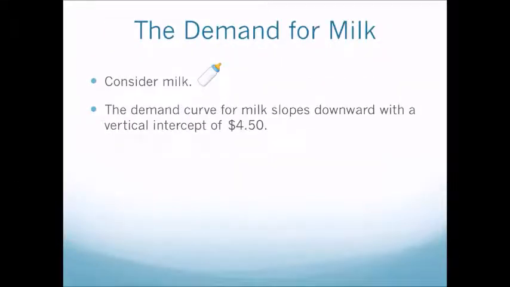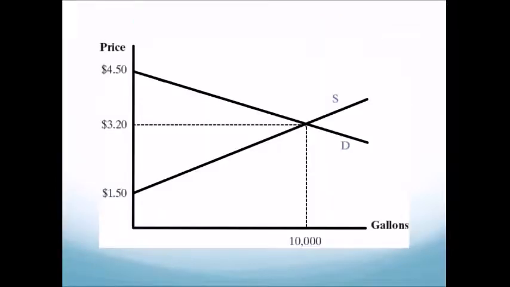Consider the market for milk. The demand curve slopes downward with a vertical intercept of $4.50. The choke price, the price that makes quantity demanded equal to zero, is $4.50 per gallon. The equilibrium price is $3.20 per gallon. Equilibrium quantity demanded will be 10,000 gallons.